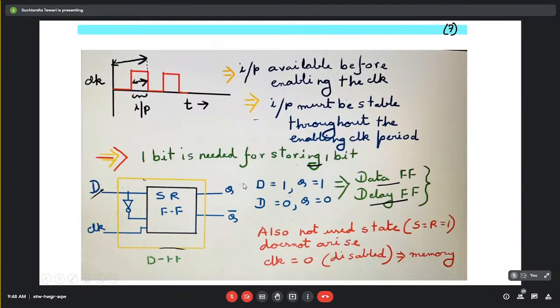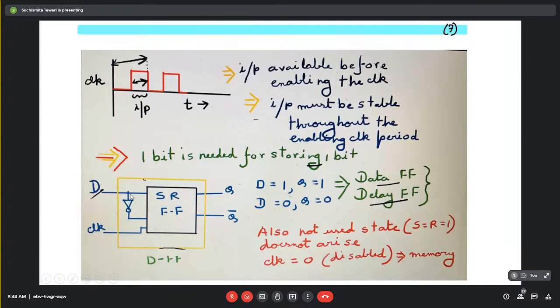In some cases we need to deliberately introduce delay, maybe to synchronize one signal with another, or to equalize the delay traversed by two signals using different circuitry paths. So it is serving that purpose also.